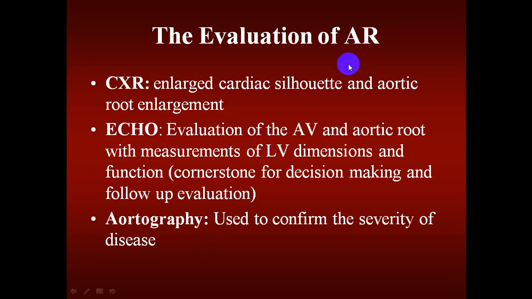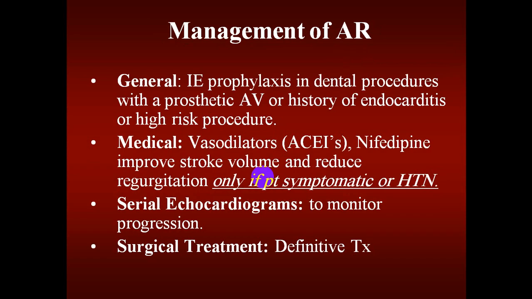Evaluation of aortic regurgitation: chest X-ray shows an enlarged cardiac shadow and aortic root enlargement. Echocardiographic evaluation of the aortic valve and aortic root, with measurement of left ventricular dimensions and function, is the cornerstone of decision making and follow-up. Aortography is used to confirm the severity of aortic disease.